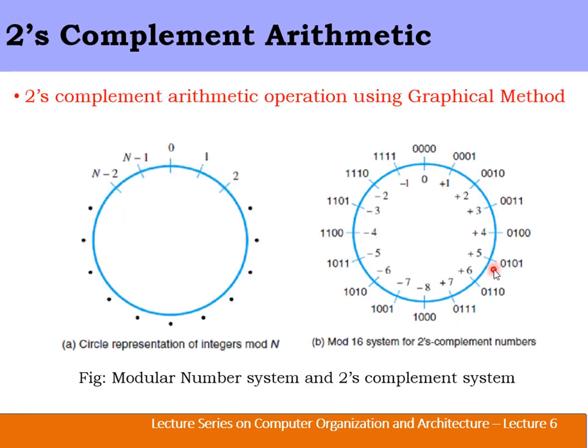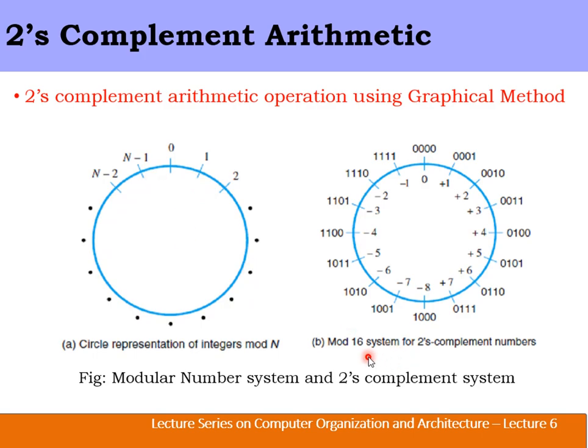Now let us understand 2's complement arithmetic operation with the help of a graphical method. Even we can perform arithmetic operation using the 2's complement system with the help of a graphical method. Here we have a circle representation for integer modulo n, where n can be any number, that is the total number of possible combinations. All the combinations from 0 to n minus 1 are written over here.